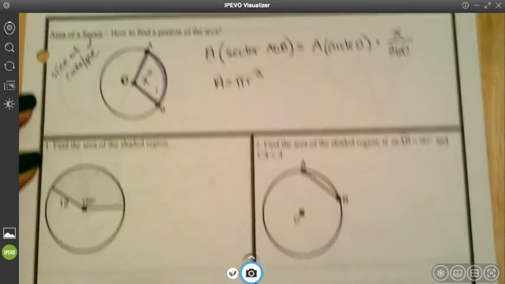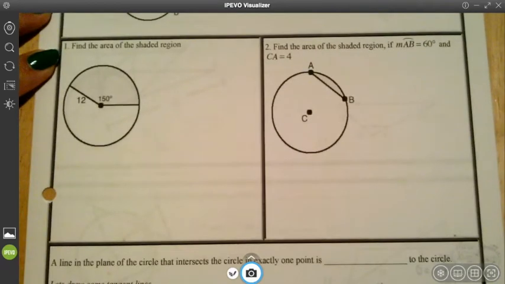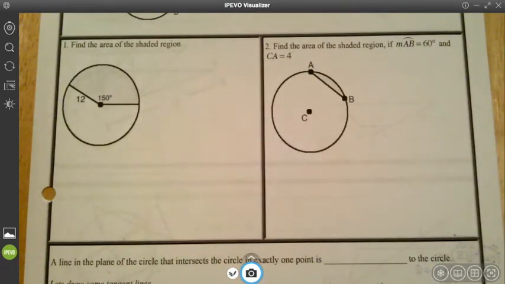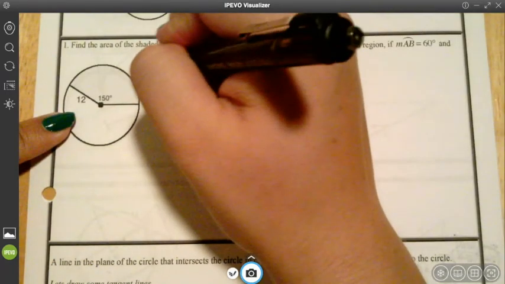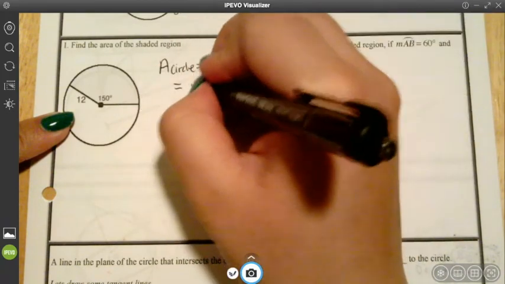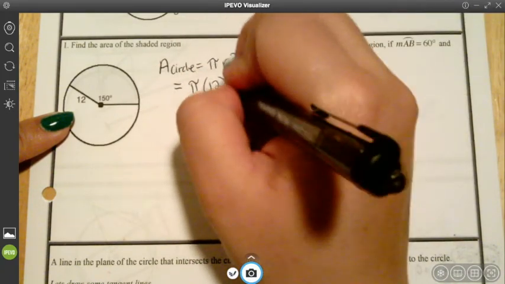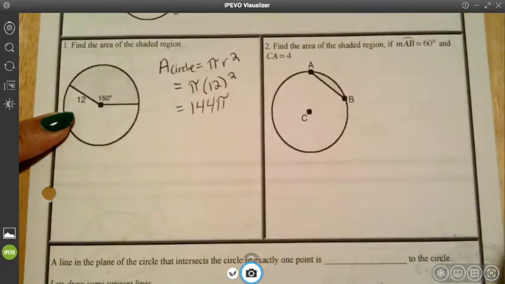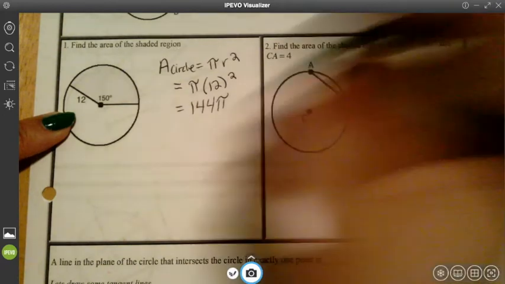So let's look at our example. Our first part here, find the area of the shaded region. So that is the area we're looking for. To find the area of a circle is pi r squared. That's pi times our radius, which is 12 squared, 144 pi. But I don't want the whole area, I just want the sector.